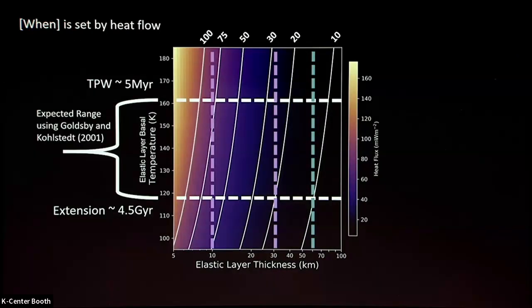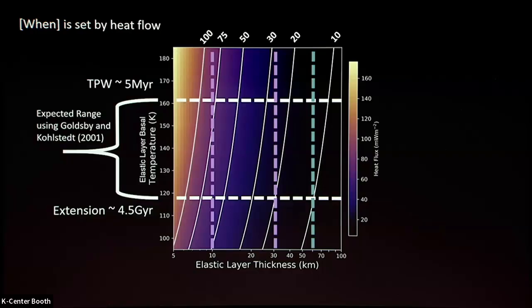For the when, going through very quickly, since we're looking at support, we think of this in terms of heat flow, and very specifically, at what temperature you move from ductile to elastic.